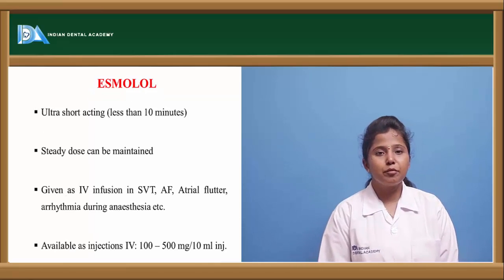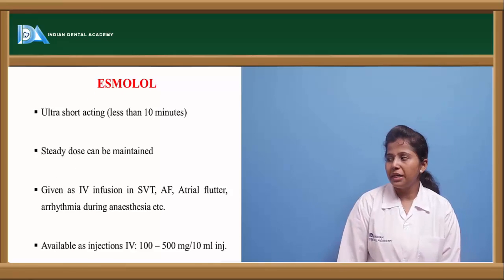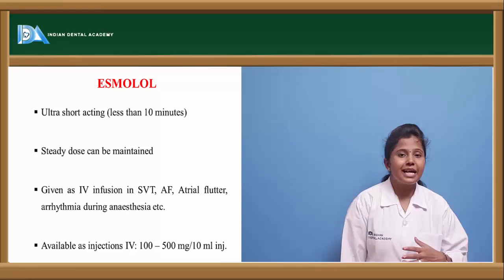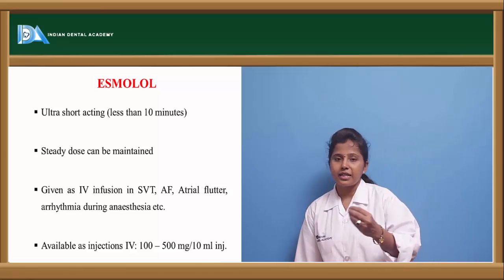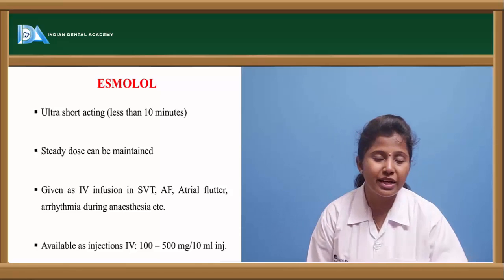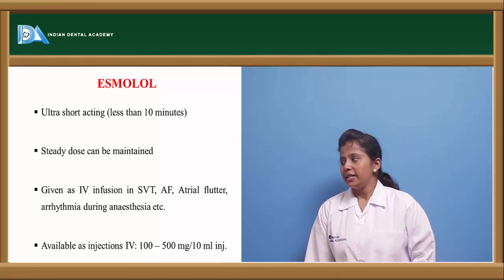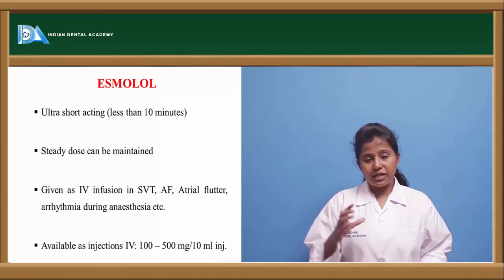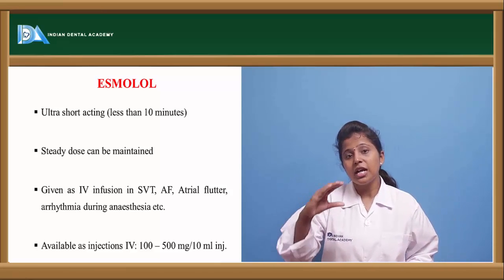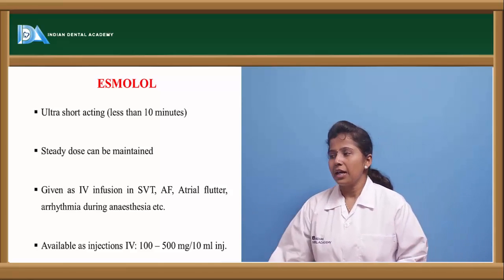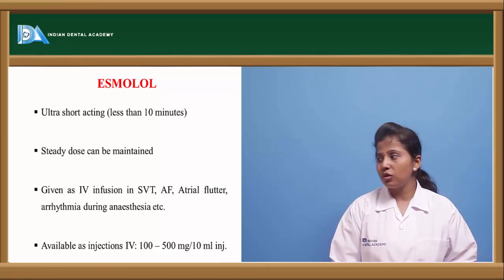The other drug is esmolol. Esmolol is also a beta-1 selective receptor antagonist. When compared to atenolol, it has a shorter duration of action, less than 10 minutes only. We can say it is an ultra short acting, fast acting drug, and a steady dose can be maintained. In the sense, once it reaches peak concentration, the effect shown at the peak concentration of the drug can be sustained, and it is given through IV route.